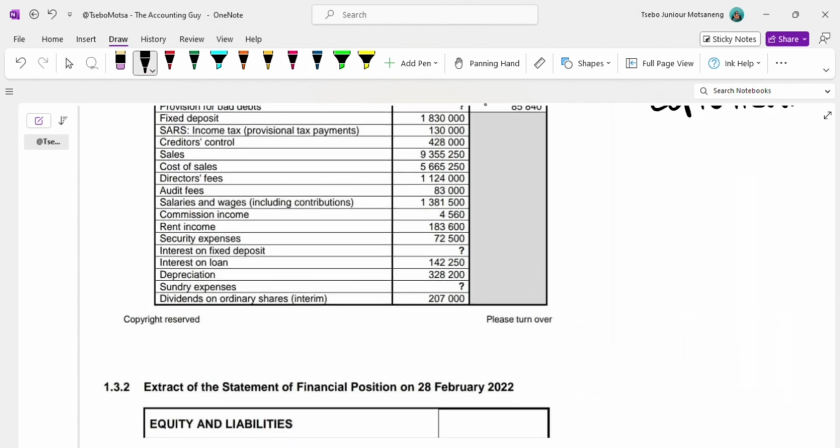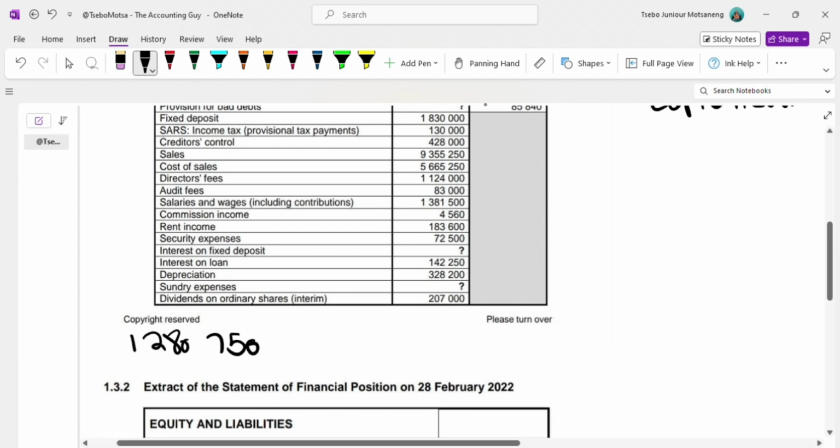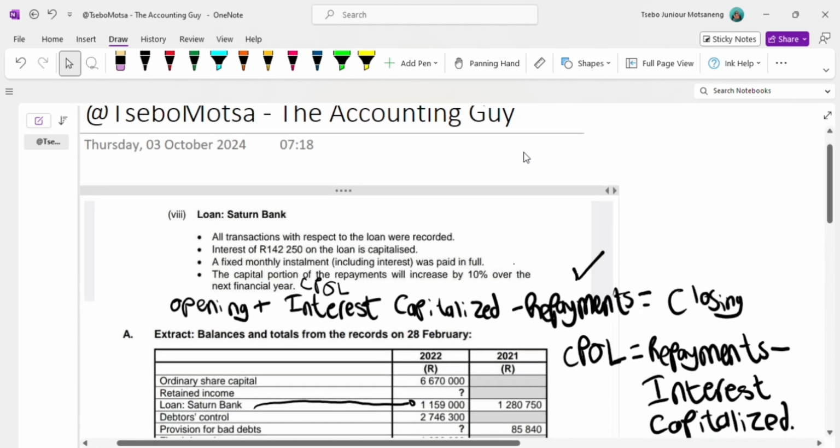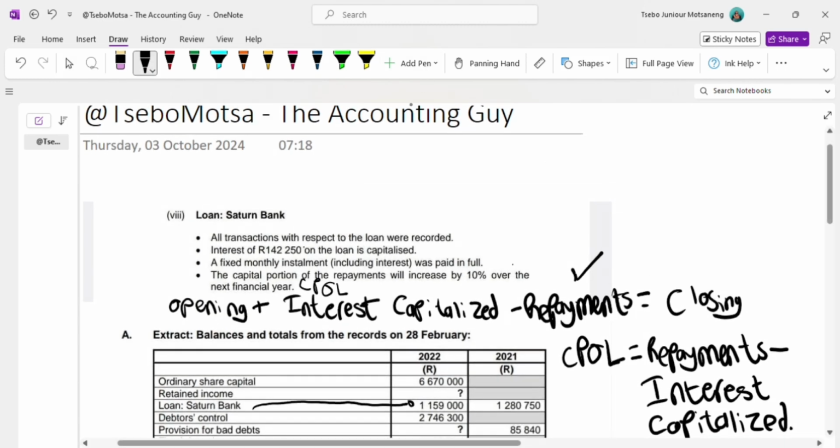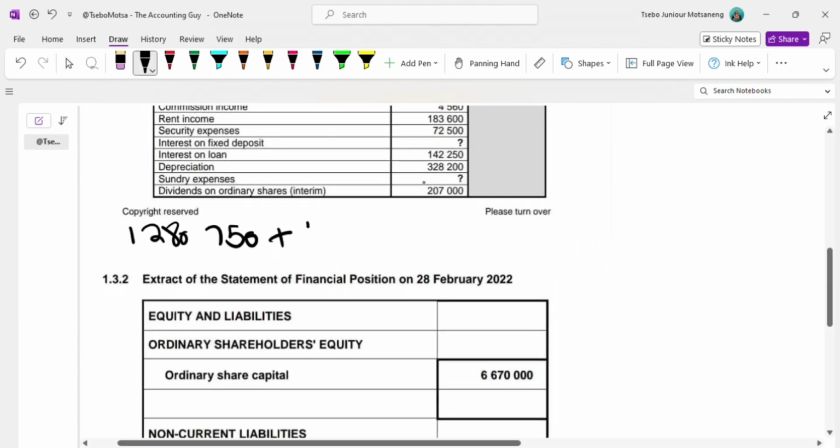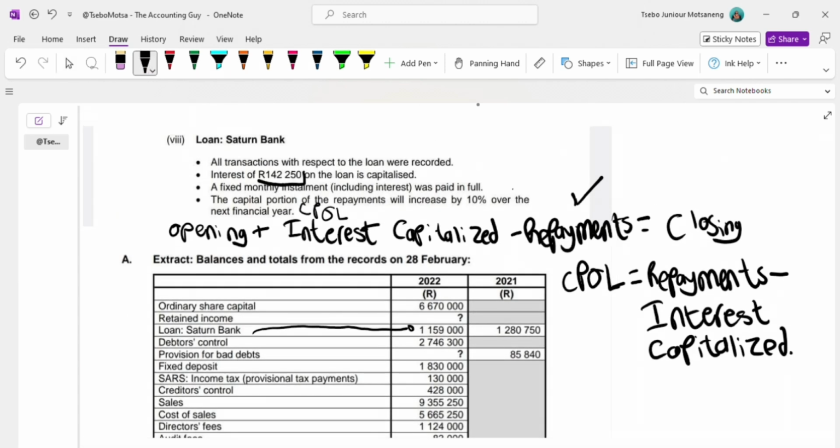So I'll just do a calculation here. 1,280,750, that's my opening balance, and I'm going to add my interest capitalized, which is 142,250. And then I'm going to subtract repayments, and that's what I'm looking for. I don't have it, I'll just write it as repayments. And then I'm going to have my closing balance, which is 1,159,000.